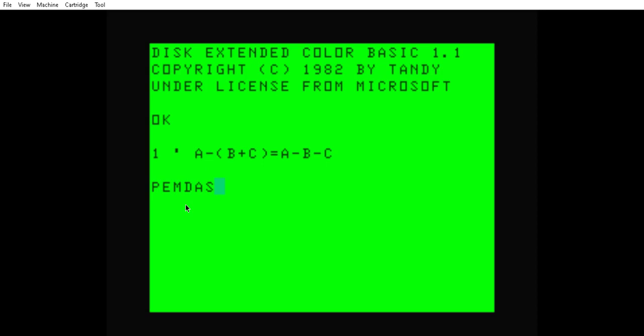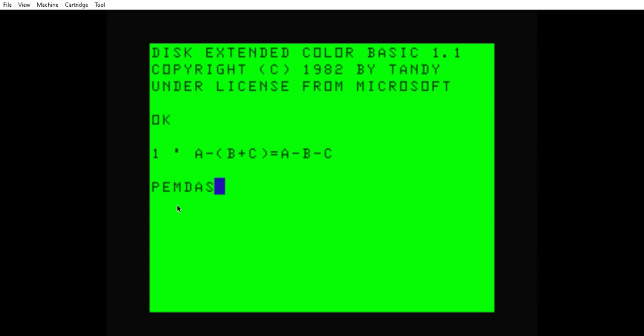So we have parentheses, exponents, multiplication, division, addition, and subtraction in that order. Once we get to multiplication and division, we go from left to right. And the same thing with addition and subtraction, it's from left to right.